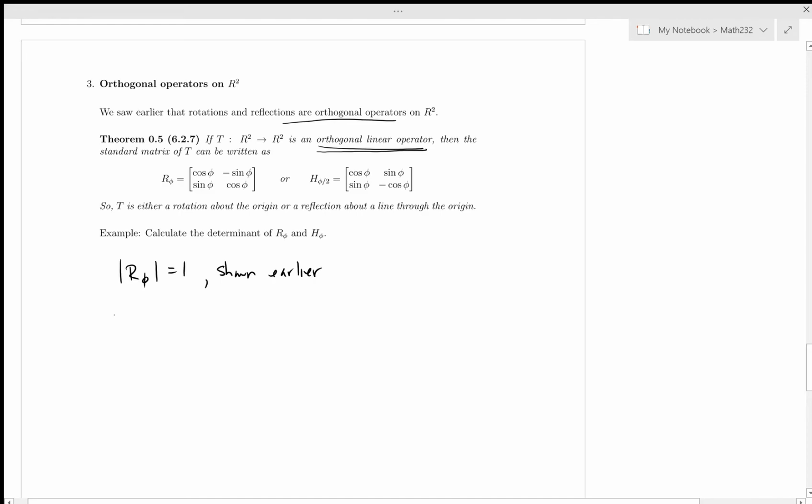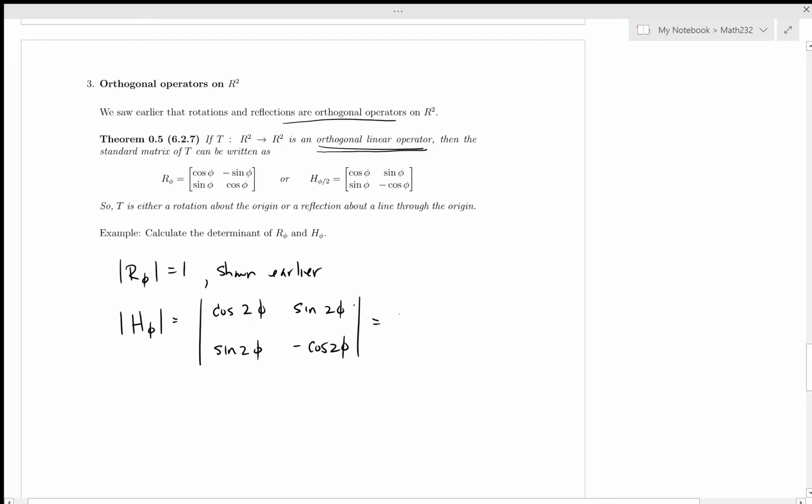And then we have that the determinant of H phi, the reflection one. Let's take the determinant here, that is cosine 2 phi, sine 2 phi, sine 2 phi, and minus cosine 2 phi.